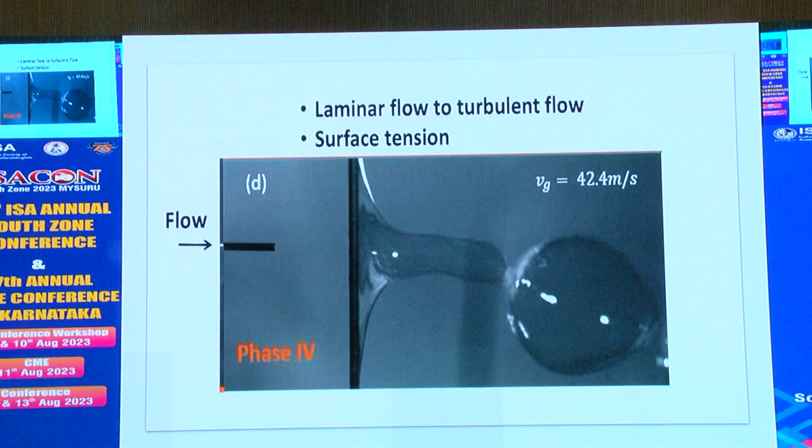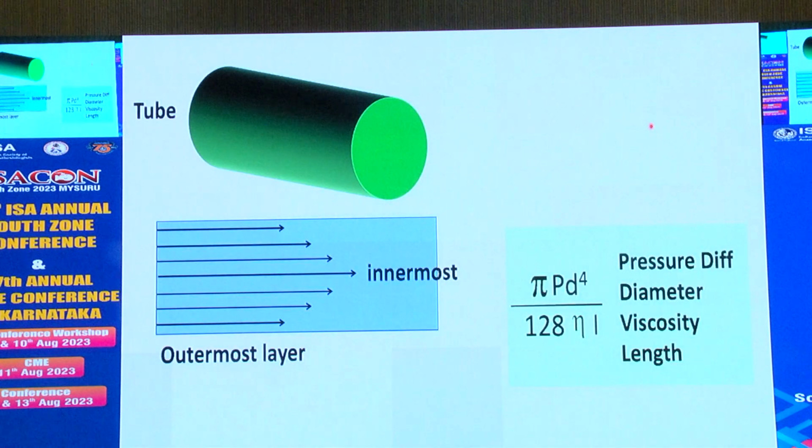Before we go into the details, we will see this concept of laminar and turbulent flow. I am sorry, because the next talk is about laminar and turbulent flow. I didn't know at the time of preparation, so sorry for the overlap. So what is laminar flow? Whenever a flow occurs across a tube, it moves in layers.